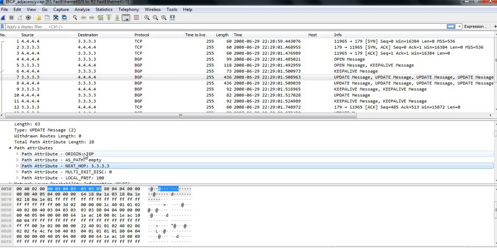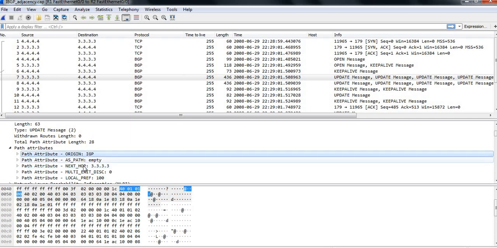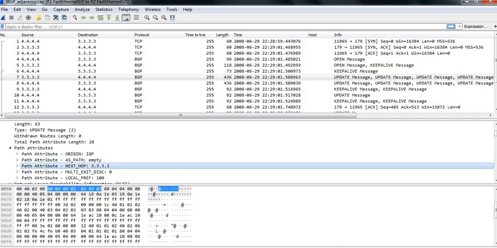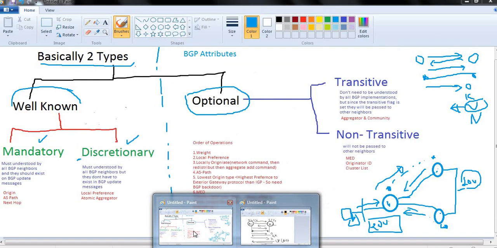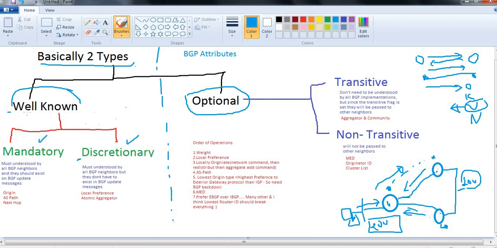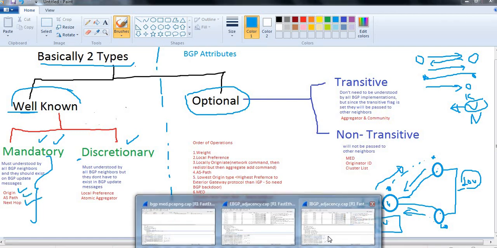You can capture a packet on any router, and when you are running BGP, you will definitely see these three attributes. These are the mandatory, well-known attributes: origin, AS path, and next hop. Let me open the capture again.